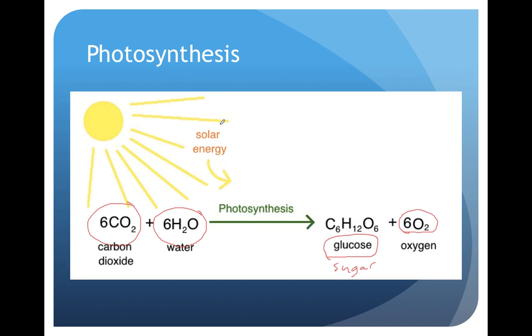And in order for this to happen, there's also an energy transformation that needs to take place. Solar energy from the sun has to be converted into chemical energy in the form of food, which is produced in the plants themselves, which is the glucose or sugar.